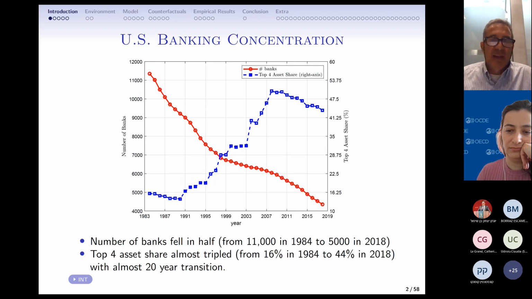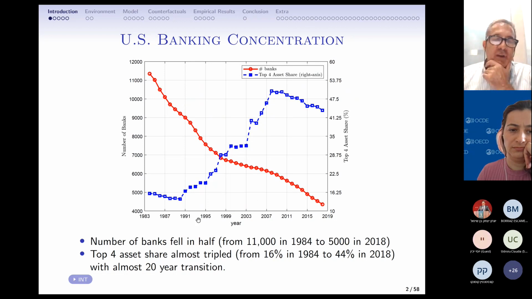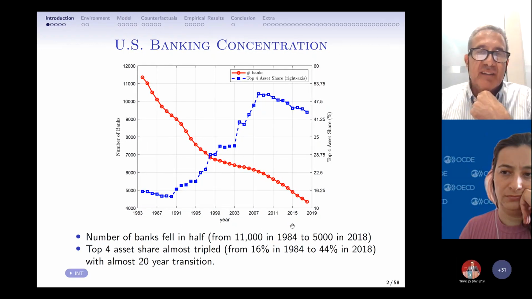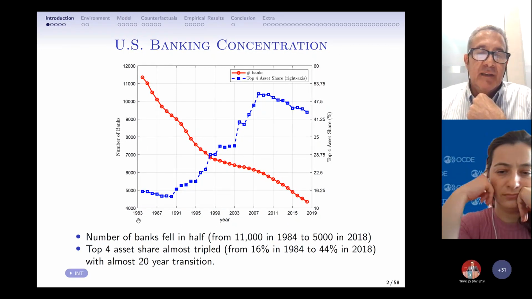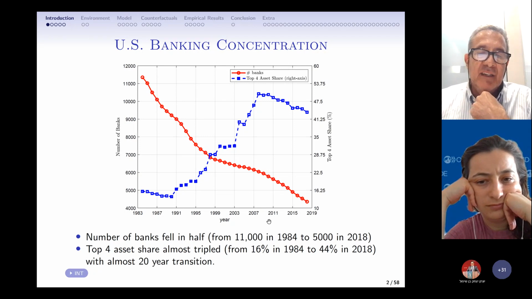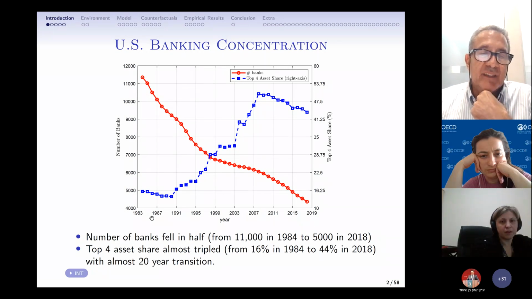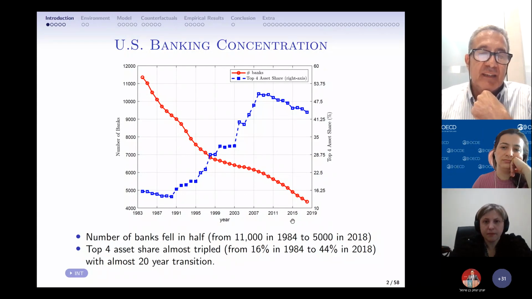Okay, and people can probably see my hand here. So this is just a plot of U.S. banking concentration across time. The horizontal axis is year. We're using call report data from the Fed, and the good data really starts in 1984, and we have this up until 2019.